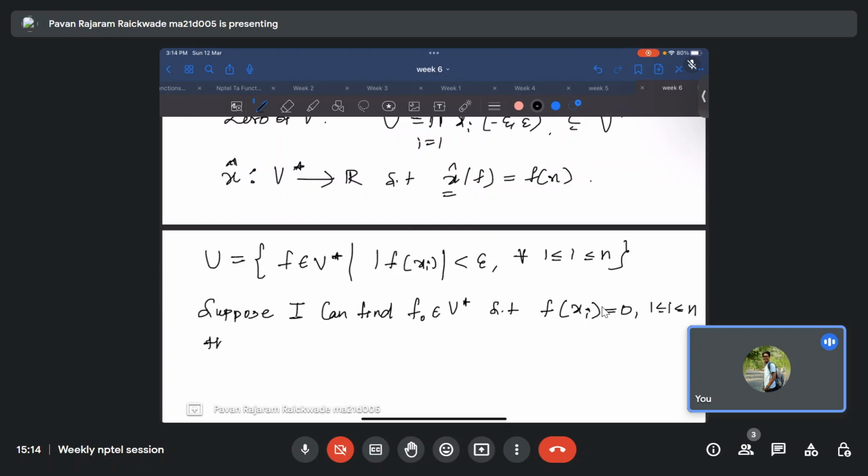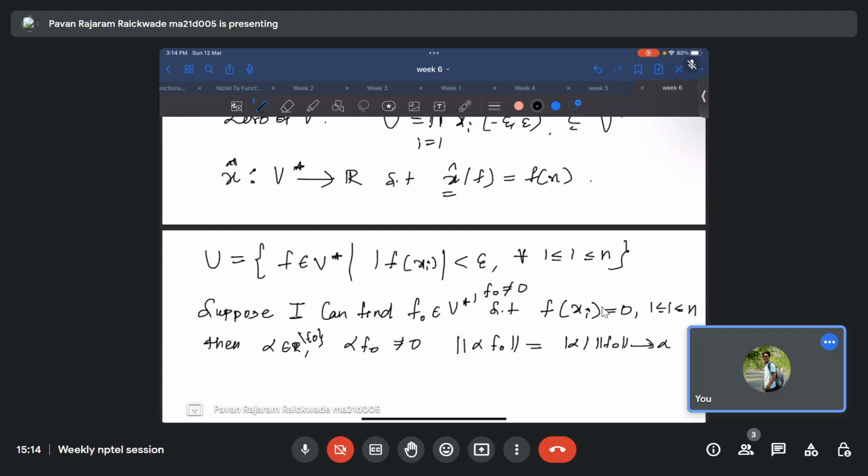Suppose f naught is also non-zero. Then for any alpha in R, alpha f naught is also non-zero, and the norm of alpha f naught is mod alpha times norm f naught, which goes to infinity as alpha goes to infinity.